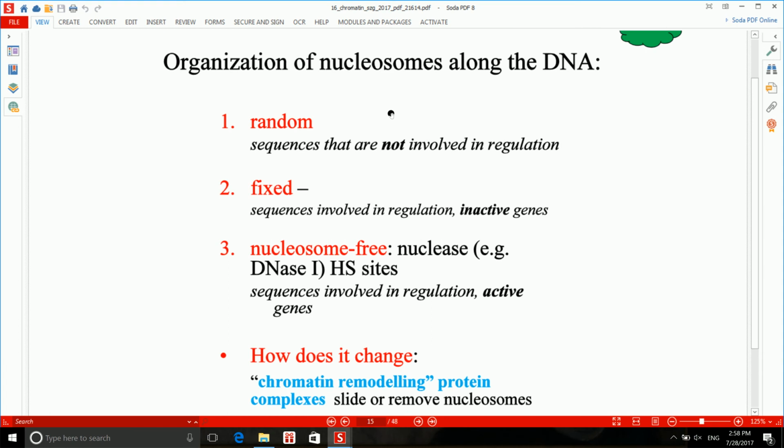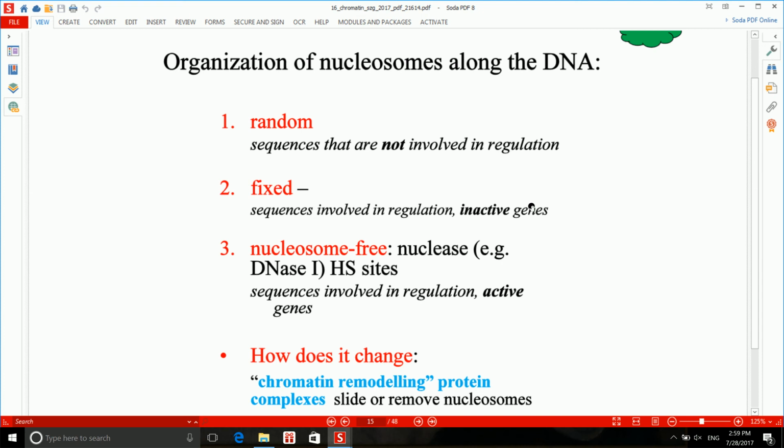And how are these nucleosomes spread along DNA? Just randomly, or are there specific sites, or sites that always have no nucleosomes? Well, these can all be the case. We've got a random spread of nucleosomes in sequences that are not involved in regulation. But when we're talking about inactive genes that have to be inactive at that moment, nucleosomes are fixed there.